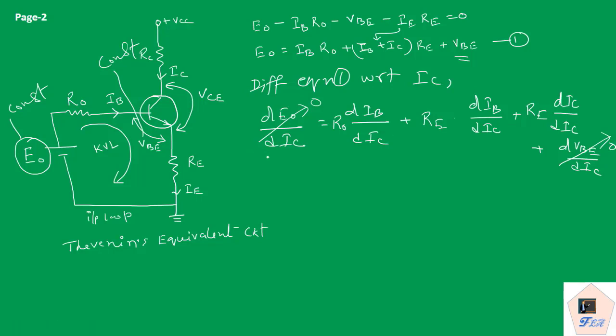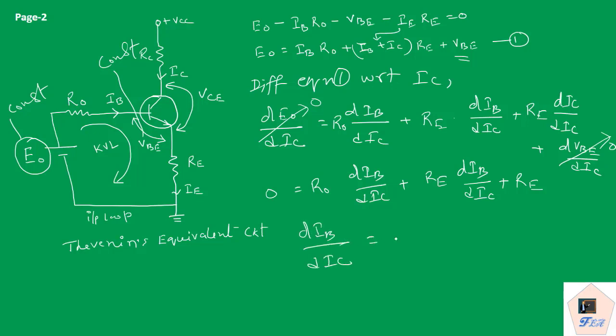Then we can rewrite the equation as 0 equal to R naught dIB by dIC plus RE dIB by dIC plus RE, since dIC by dIC is 1. Rearranging, dIB by dIC is equal to minus RE divided by R naught plus RE.